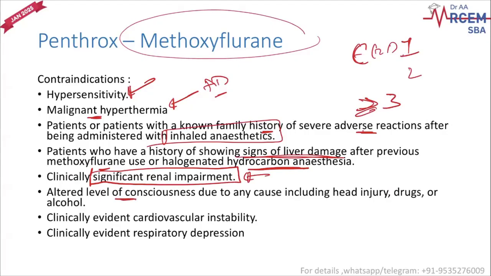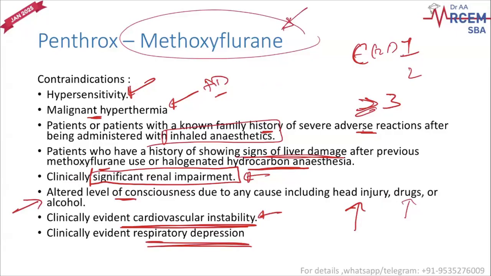Altered level of consciousness due to a head injury, drugs, or alcohol intake, and cardiovascular instability, that is, very significant tachycardia, an arrhythmia, or hypertension. For example, you want to give conscious sedation, but instead you plan to use methoxyflurane for shock and tachyarrhythmia, then it is not allowed because he is cardiovascularly unstable.